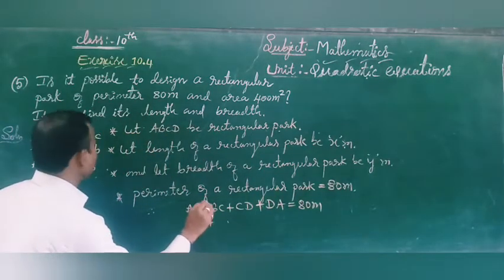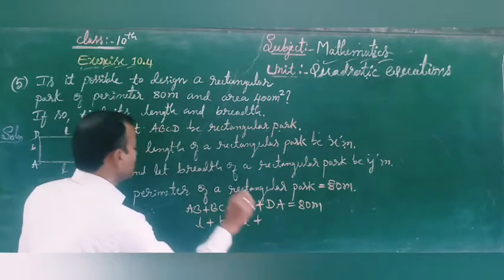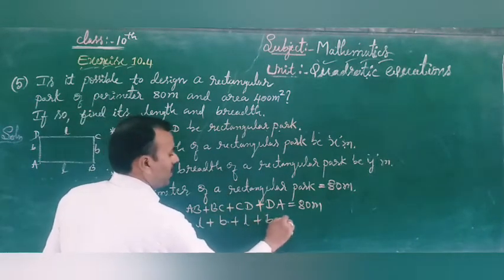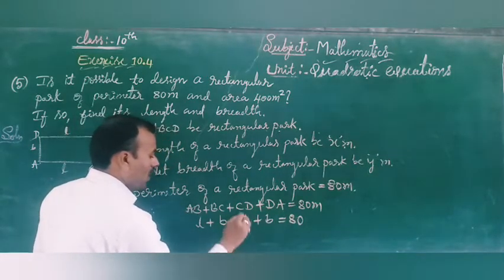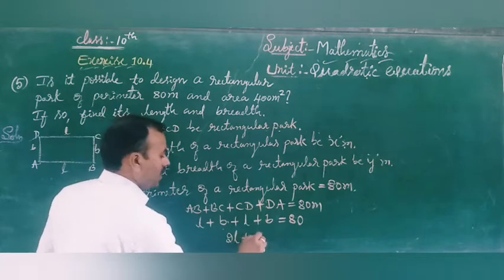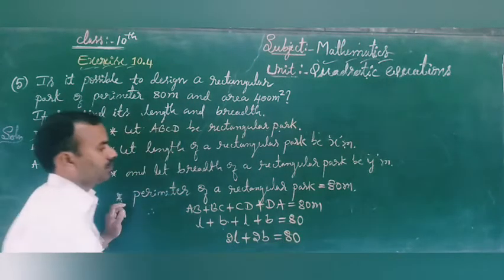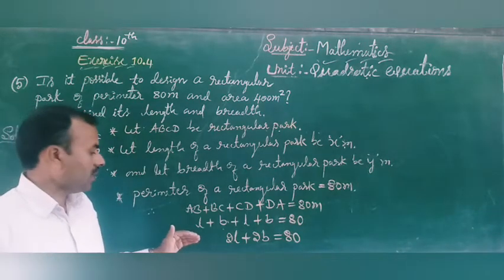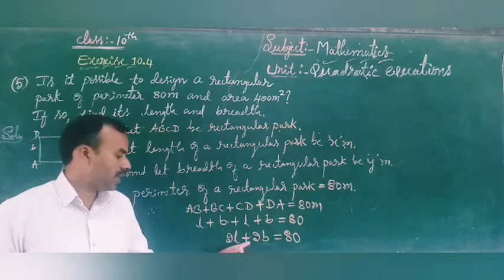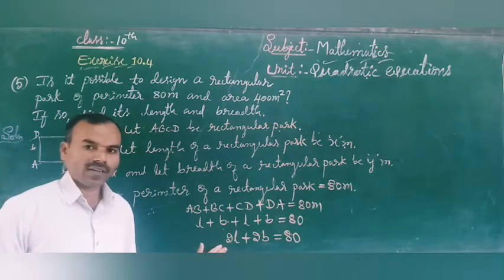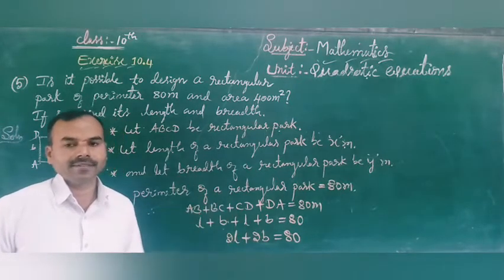AB is L, BC is B, CD is L, DA is B, equal to 80. L plus L, 2L, plus B plus B, 2B, equals 80. Here 2L plus 2B equals 80. It is the perimeter. Here we have taken the common factor 2. So 2 into L plus B equals 80.